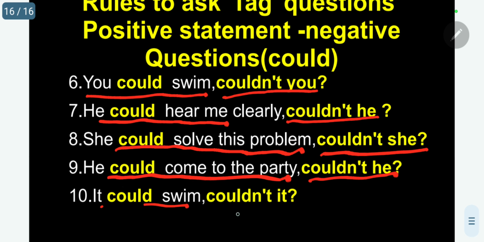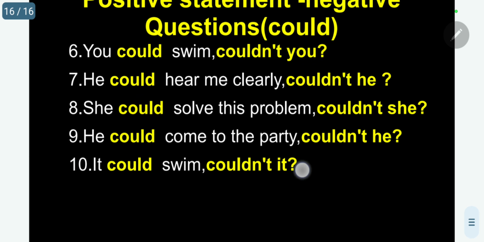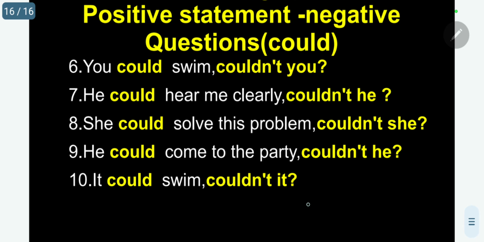It could swim. Couldn't it? In all these ten sentences, I am using could, a secondary auxiliary verb, in the positive statement. For the tag question, I am using the negative, couldn't. This is very, very important information for you.